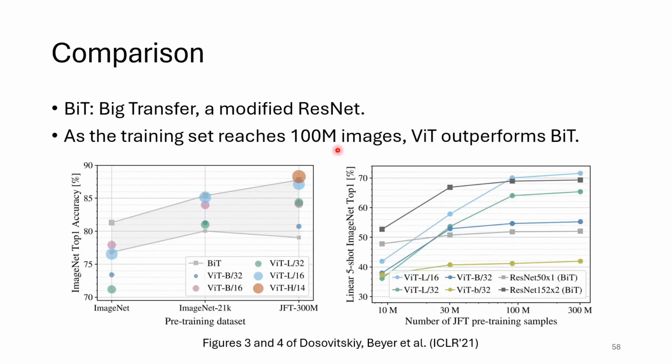Once they developed the method, they compared the performance of the vision transformer with some state-of-the-art CNN-based algorithms. So this is ImageNet, where there are only 1,000 classes. This is ImageNet 21K. What does 21K mean? Let's go back to the table again.